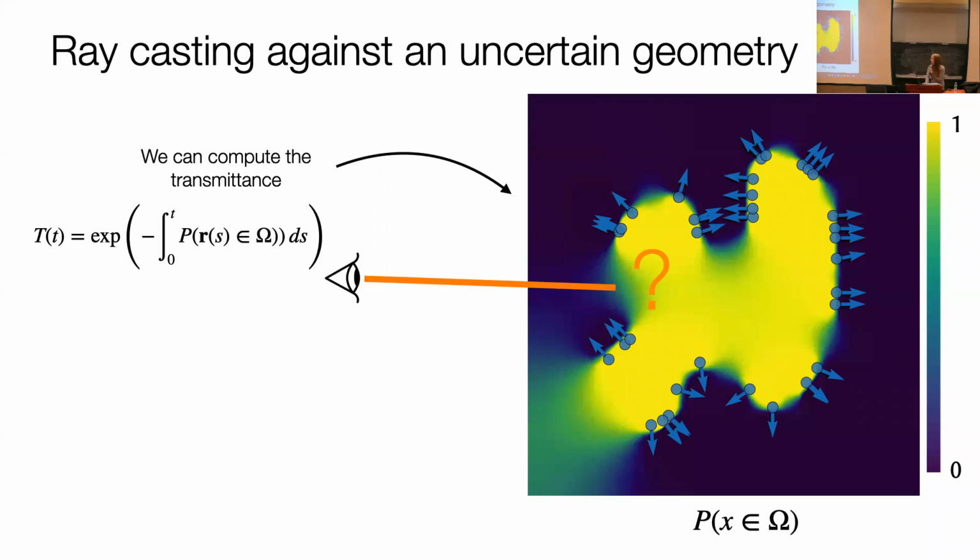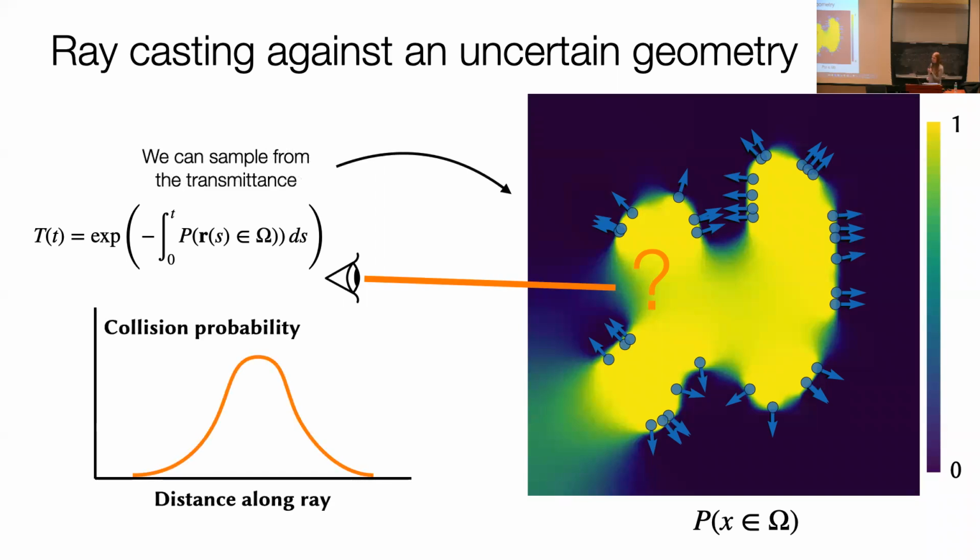Yeah, good point. Anyway, we can compute this transmittance and sample from it to get the statistical distribution that we wanted before. So this is an example of ray casting. This is of course a very simple one, but we can do it for more complex ones. I took a virtual scan of a spaceship. You can see that the left side has more points than the right side.